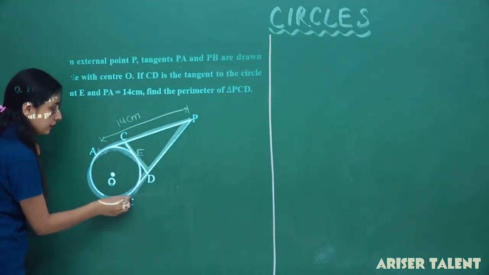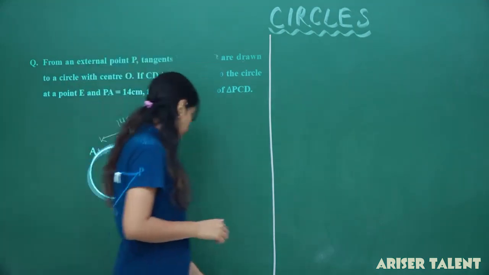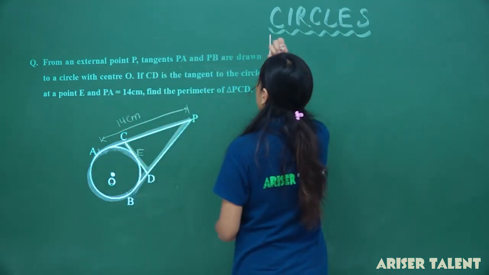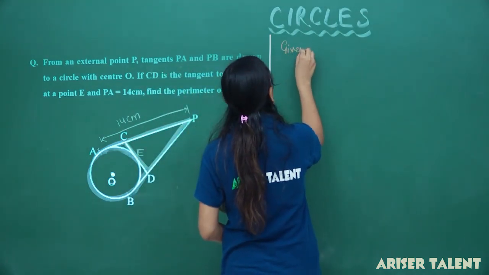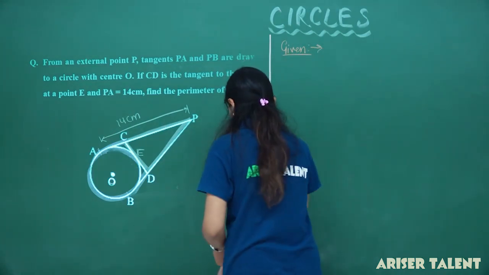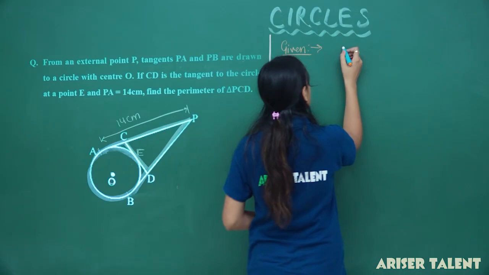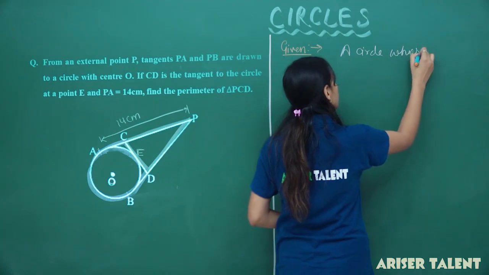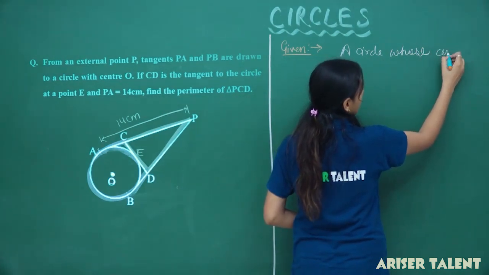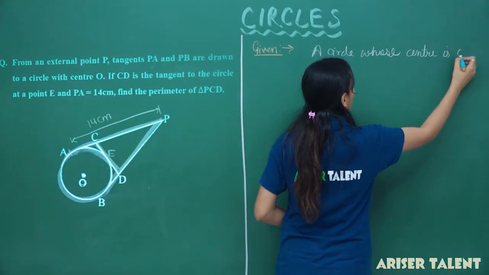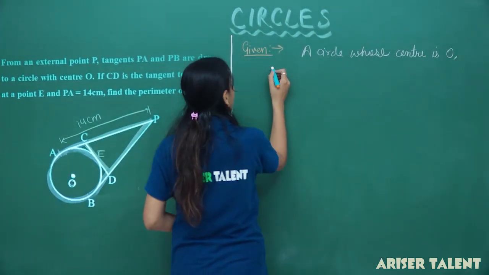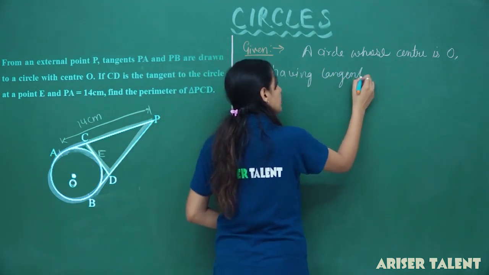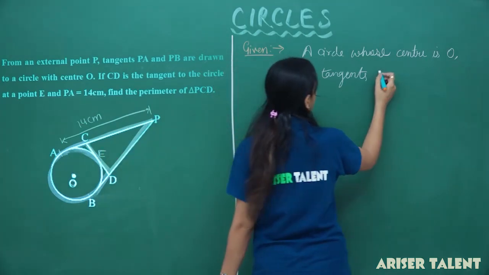This is point A and this is point B. Coming to the given part, I am provided with a circle whose center is O, having two tangents, PA and PB.